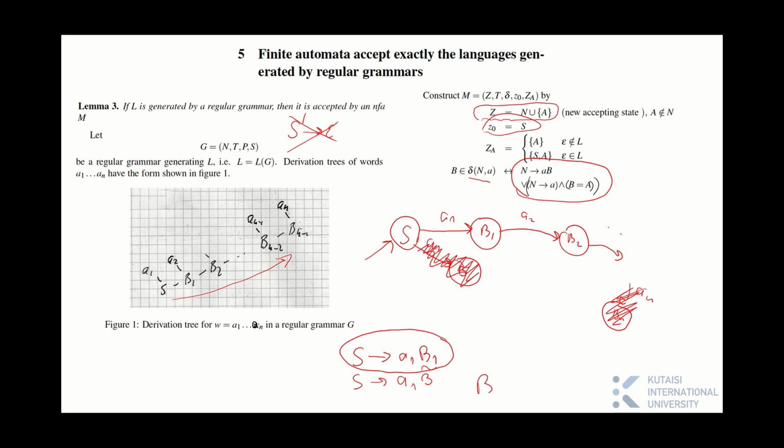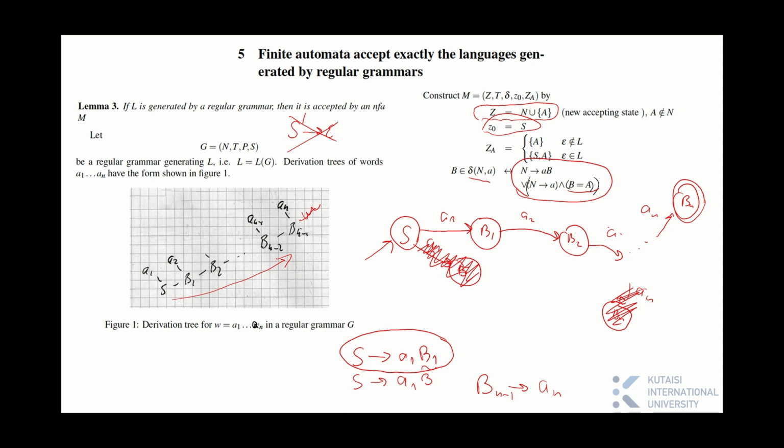So in the end, I have this production rule in my grammar, as it's written here. There is nothing here anymore. So if I have this production rule, then I have to go to an accepting state. This is basically what it says. So I continue this, I read An, and I go to my Bn, which is an accepting state.